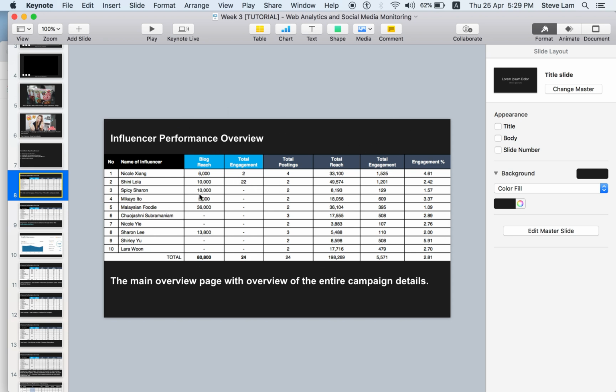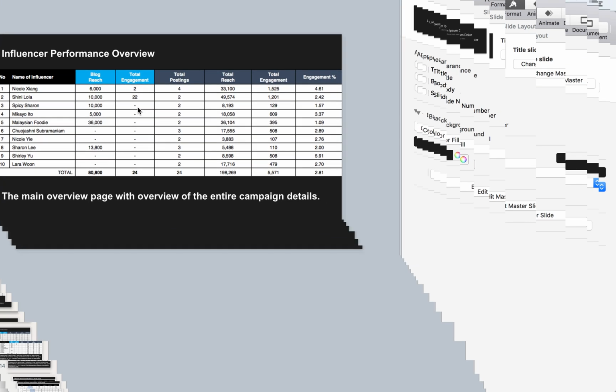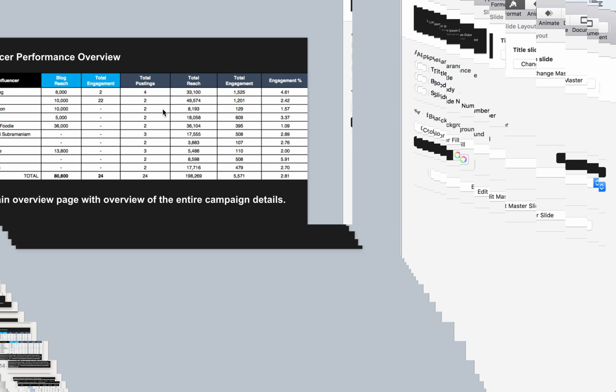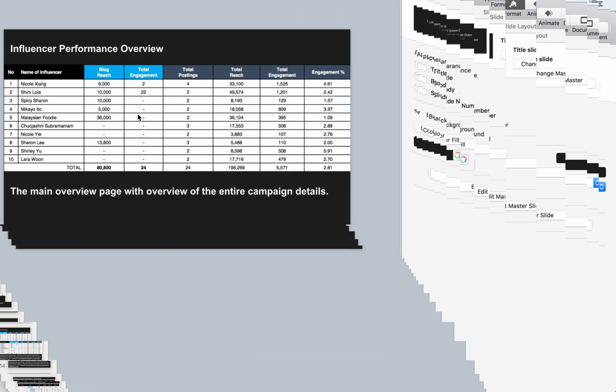So blog reach, how many people are reading it, total engagements, which is really poor. Engagements are what statistics that people engage with their post. For example, if they like the post, or they comment on the post, or they share the post, they all count as one engagement. All right, so engagements are all lumped up as one statistic.